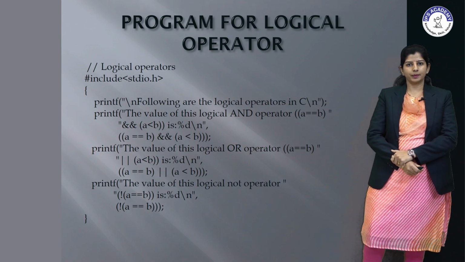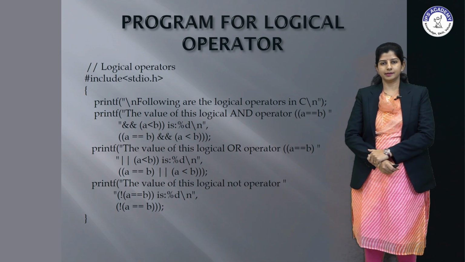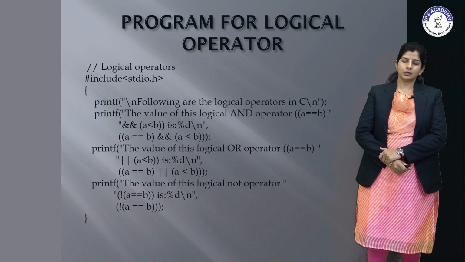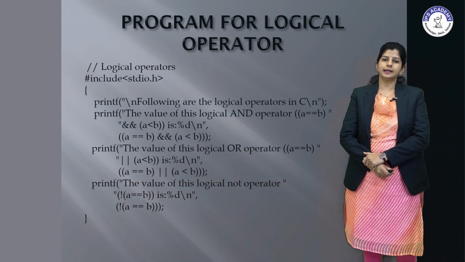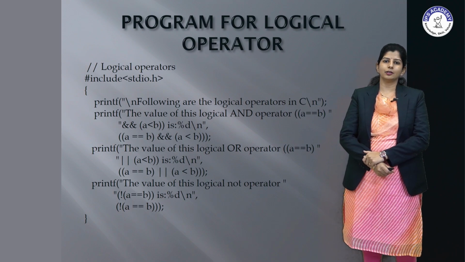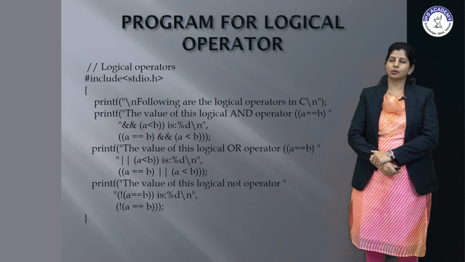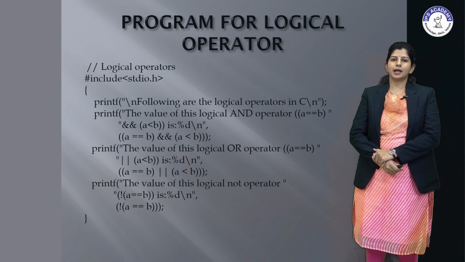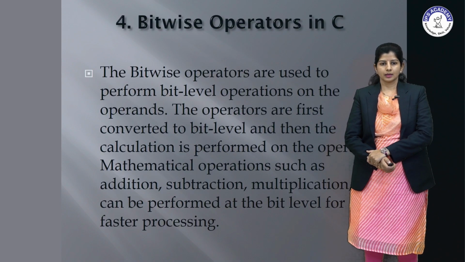Just like the AND operator, I also try to use A is equal to B and A is less than B and apply a NOT operator above it, or we can use A is equal to B or A is less than B, meaning the NOT operator also works with the AND operator and the OR operator, and when we apply the NOT, it makes the reverse of my condition.